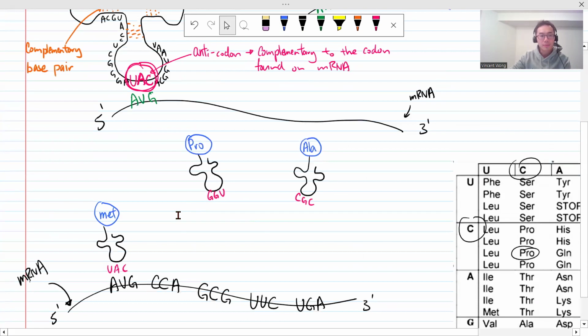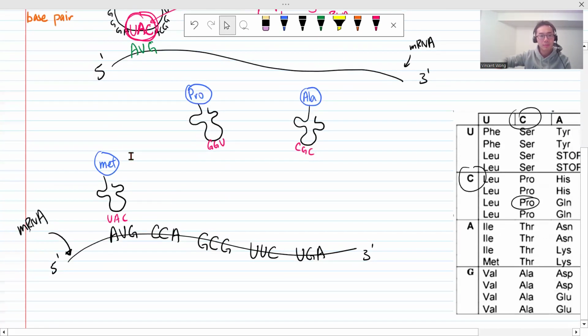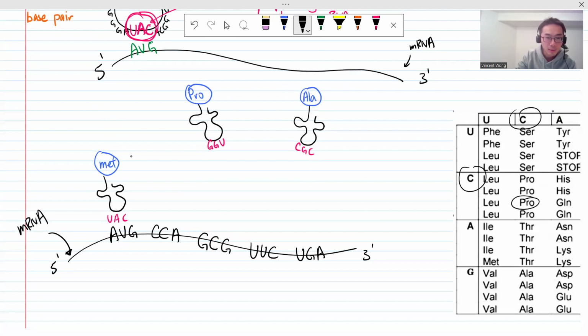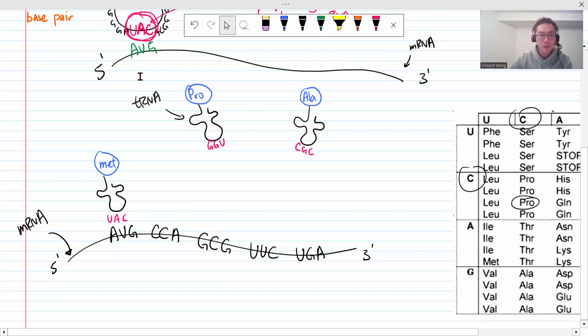Now, listen. The tRNA, I should label it as well. These are tRNA. I know it's very hard for you to copy. This is not meant for you to copy. This is meant for you to understand what's going on. Now, this one is gonna come here, and it doesn't match, right? It doesn't match because CGC is not complementary to CCA.